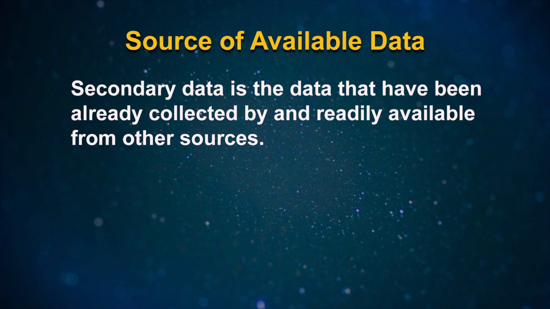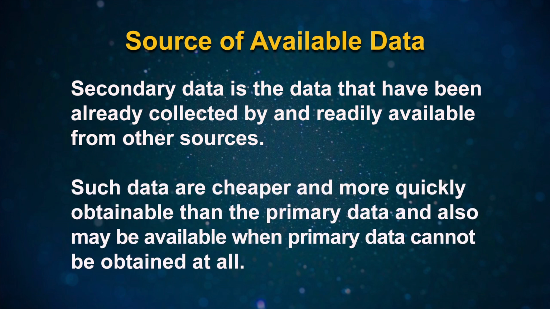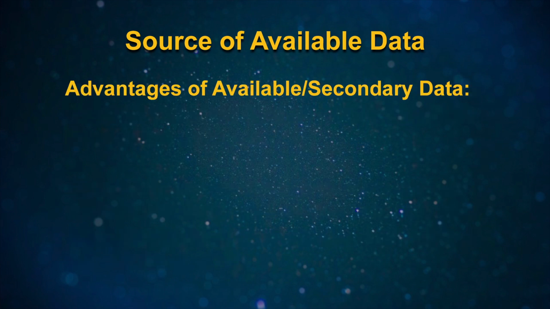Secondary data is the data that has already been collected by and is readily available from other sources. Such data are cheaper and more quickly obtainable than the primary data and also may be available when primary data cannot be obtained at all.